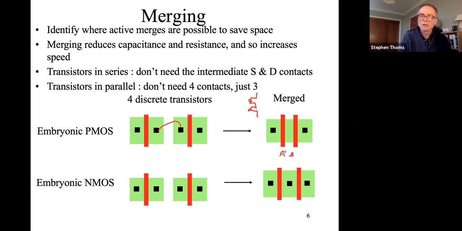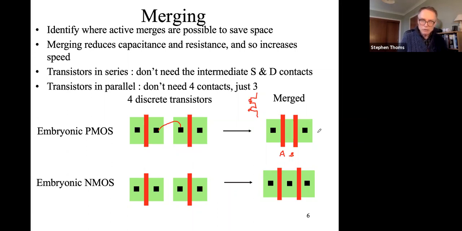And of course, both gates A and B would have to be active before current will flow from one end to the other. So that saves space. Now, that's with series transistors.